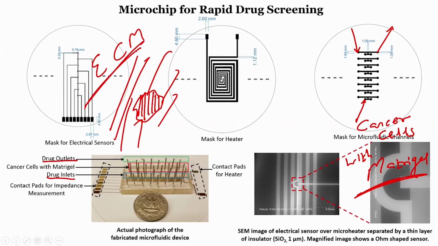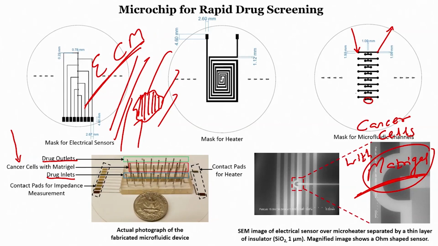This extracellular matrix we can replicate by using matrigel. Thus, cancer cells are mixed with matrigel, you can see here, right, and can be loaded into the shorter channel. So, cancer cells with matrigel are loaded into the shorter channel here.